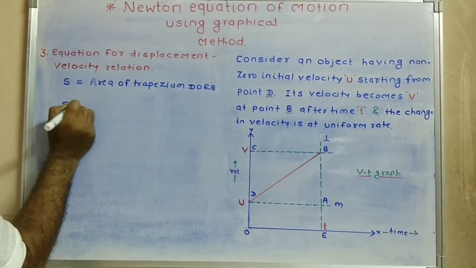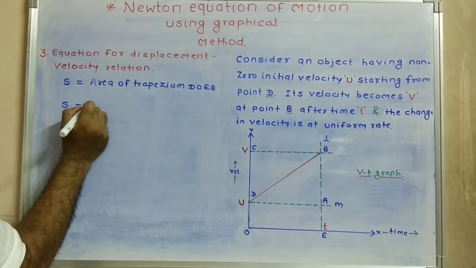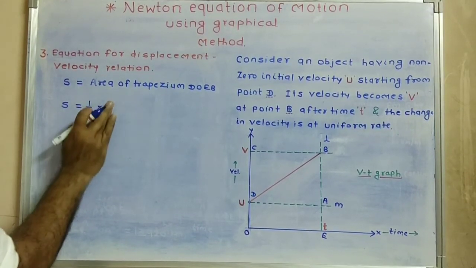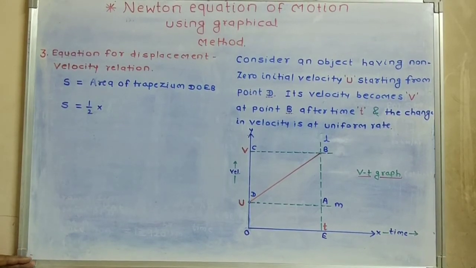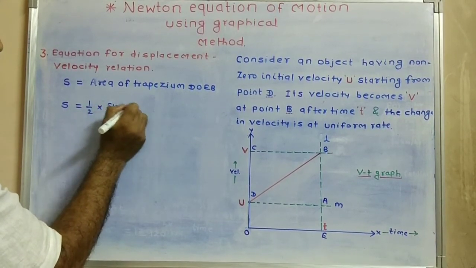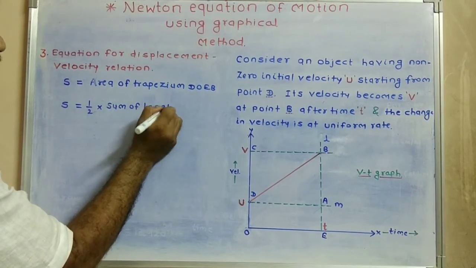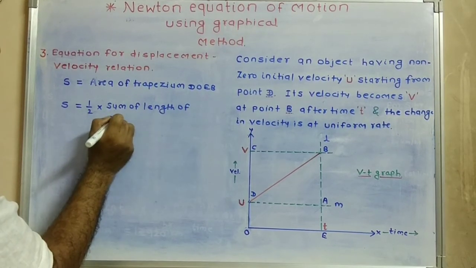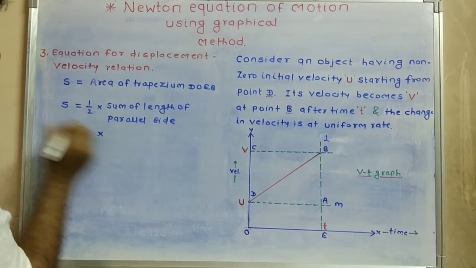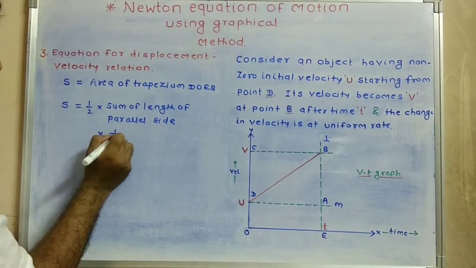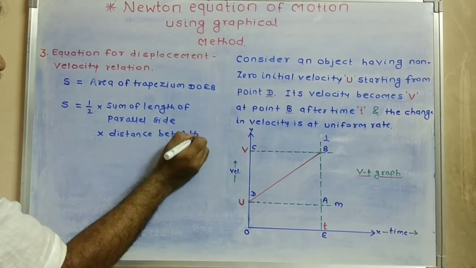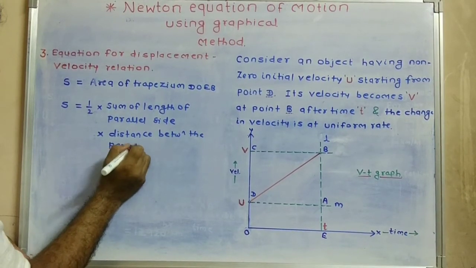Now, S equals, what is the area of a trapezium? It is half multiplied by the sum of the lengths of the parallel sides, multiplied by the distance between the parallel sides.